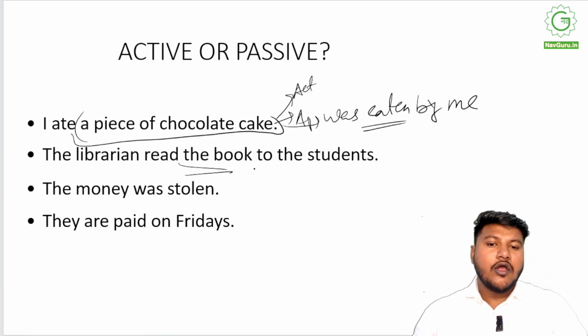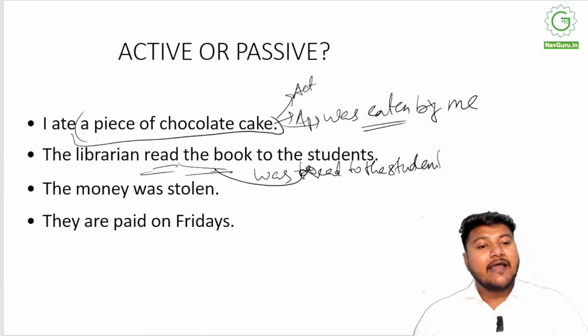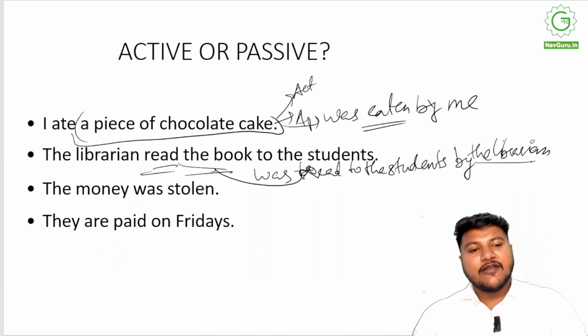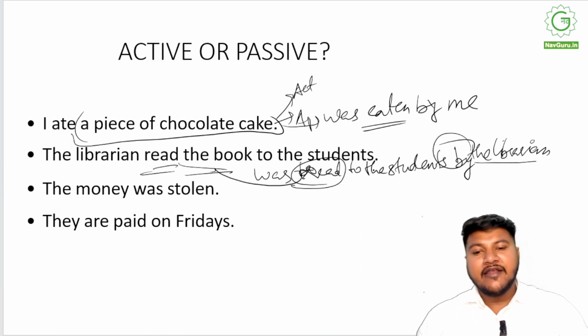The book was read to the students by the librarian, right? So the object becomes the subject, the subject becomes the object, we put by and we put the third form, read.